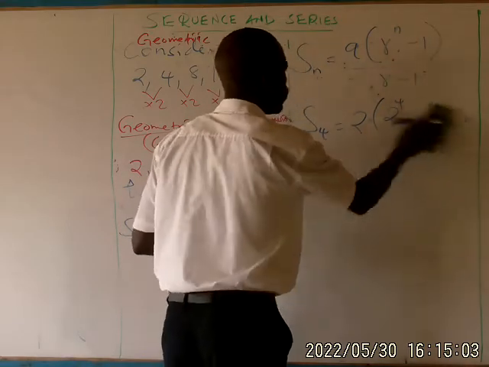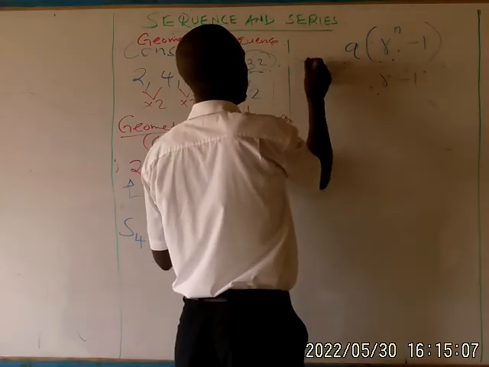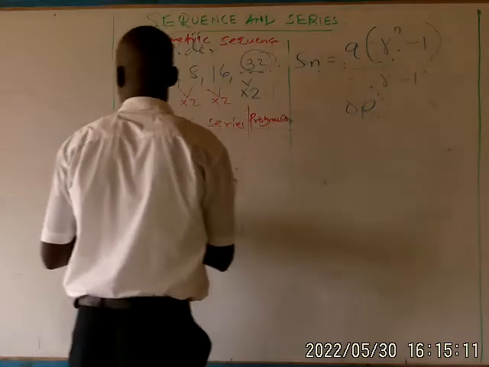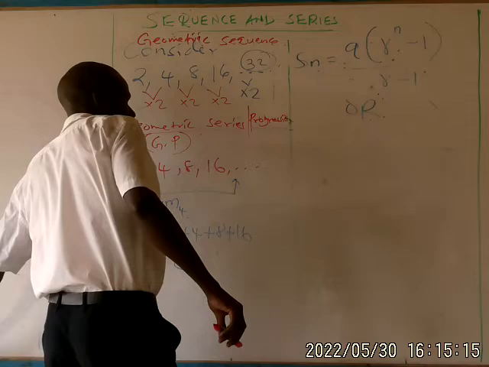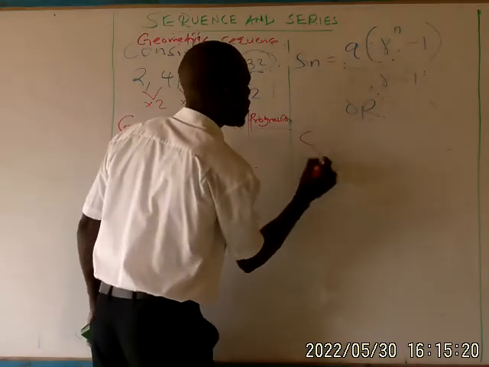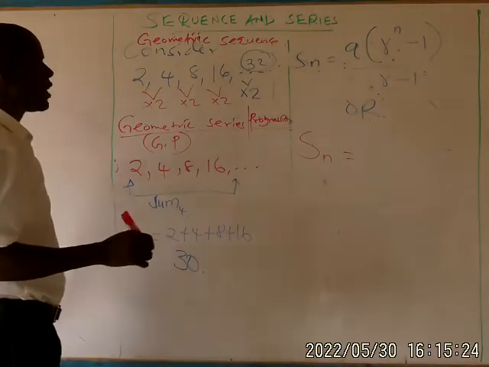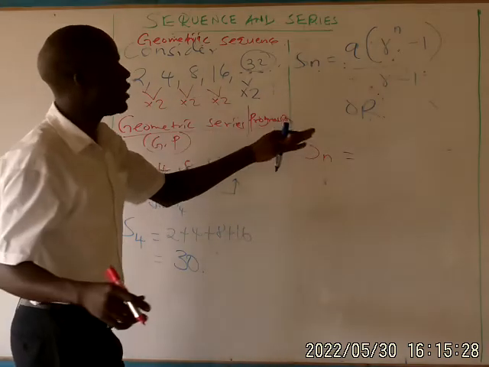I want to also note that this is the formula we have for the general case. At the same time, you can have a sister of that formula. Instead of having an increasing sequence, we can have a decreasing sequence, like 32, 16, 8, 4.